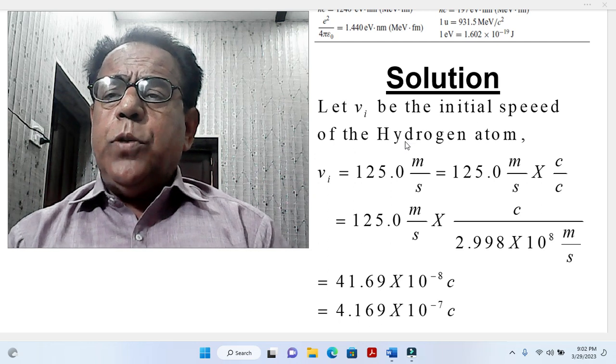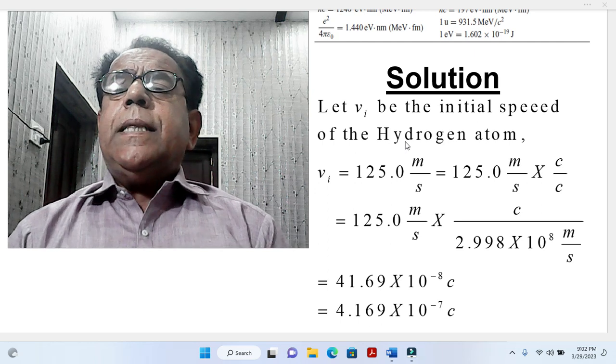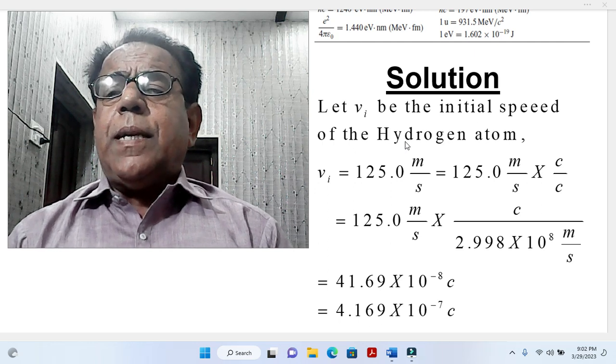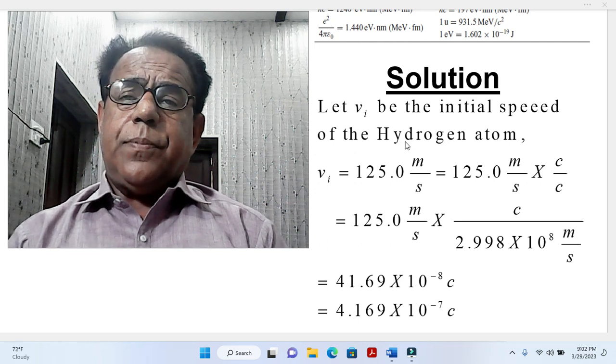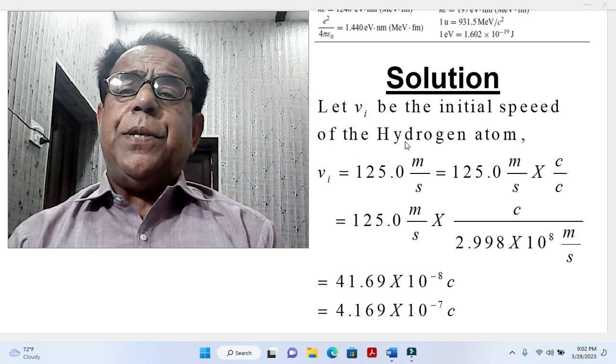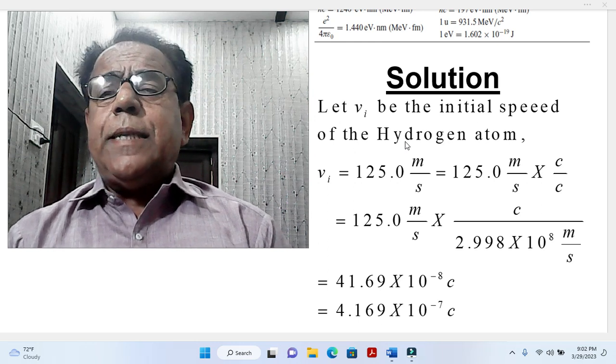When we have found the initial speed vi and final speed vf, then clearly we will take their difference as the change in speed, and this difference will mean greater minus smaller.